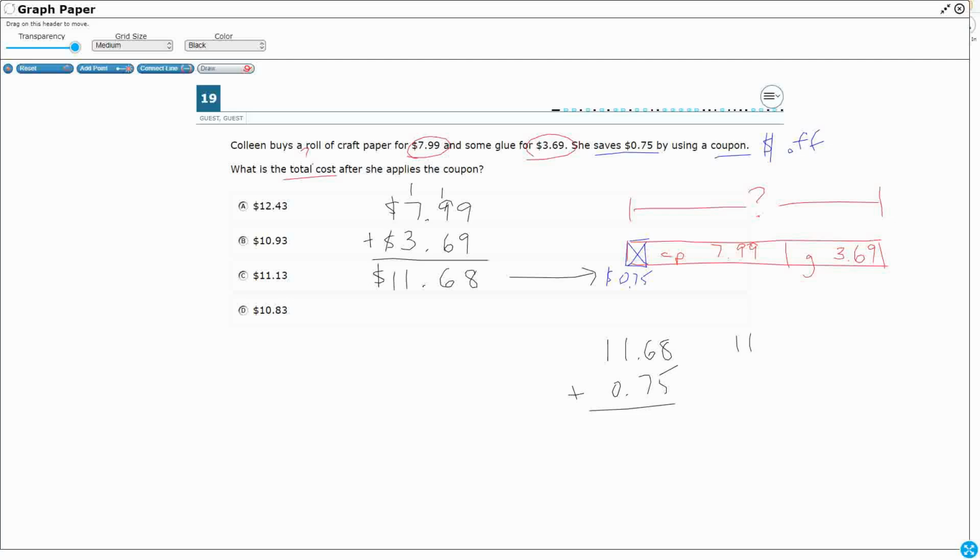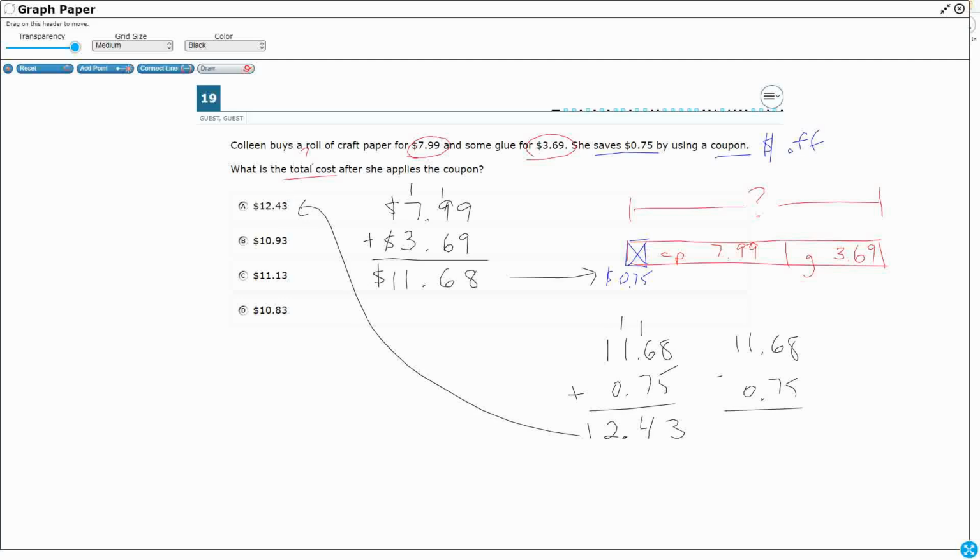And then let's subtract it. Let's see if both answers show up. So if I wanted to add it, that would be, 8 and 5 is 13. 1 and 6 is 7, so 7 and 7 is 14. And that's 1243, so that goes right there.